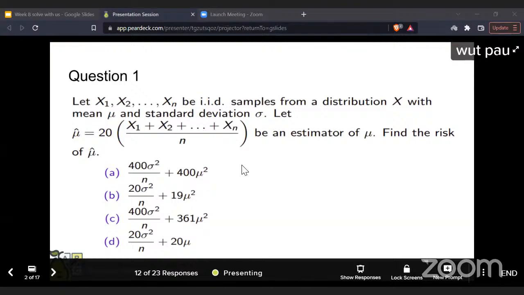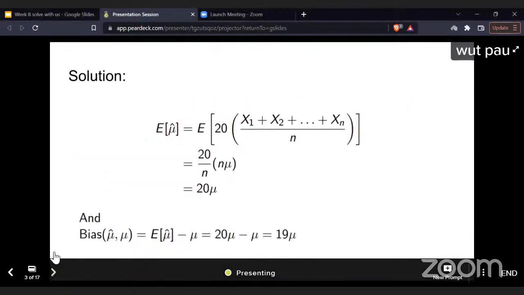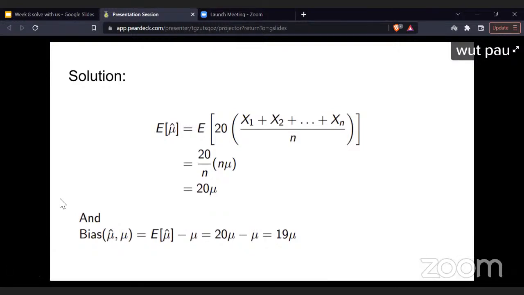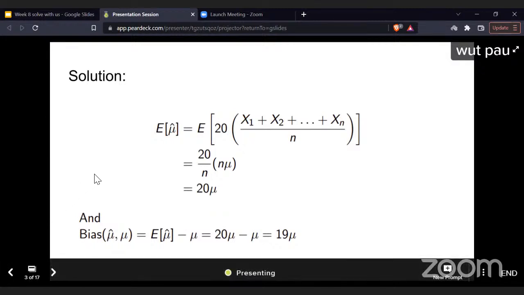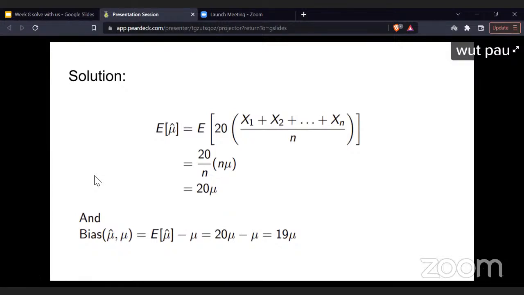Okay, so let's look at the solution. We know that to find the risk, we need to find the bias and variance of the estimator. First of all, how do you find the bias of an estimator? The estimator is given by mu hat, and it is an estimator of mu. To find the bias of an estimator, we need to find the expected value of the estimator and subtract the parameter itself from it.